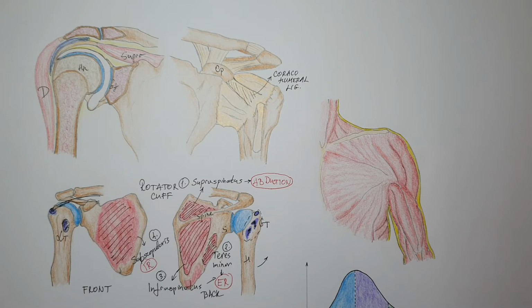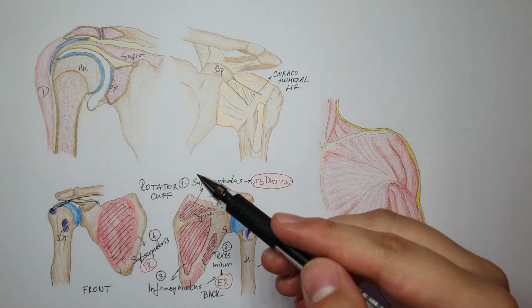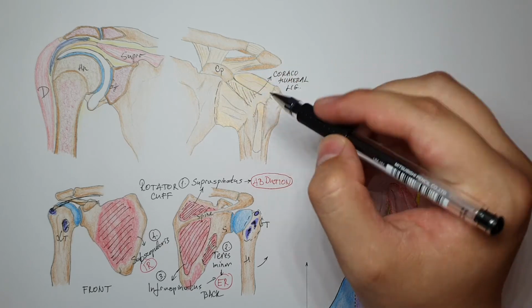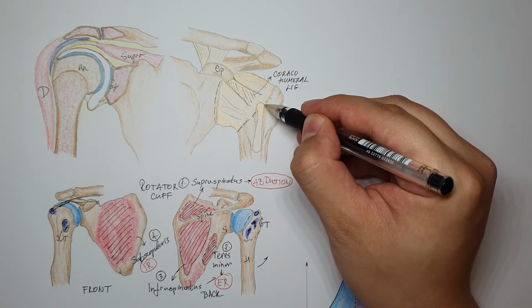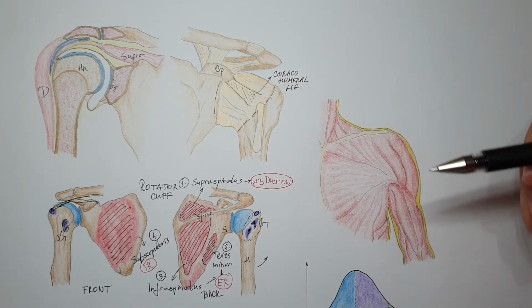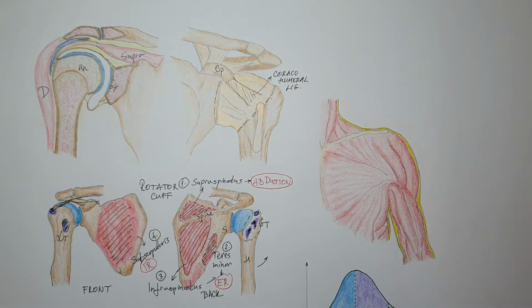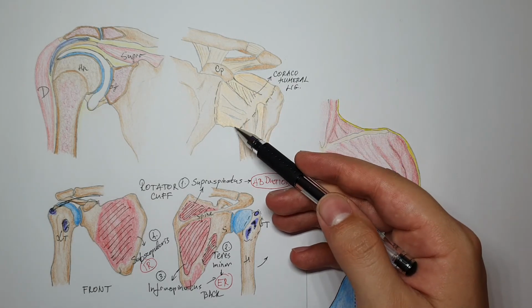Also, we have ligaments that are connecting the neck of the scapula, that is here, and the anatomical neck of the humerus, that is here. So these ligaments are called glenohumeral ligaments. We have the superior, the middle, and the inferior.